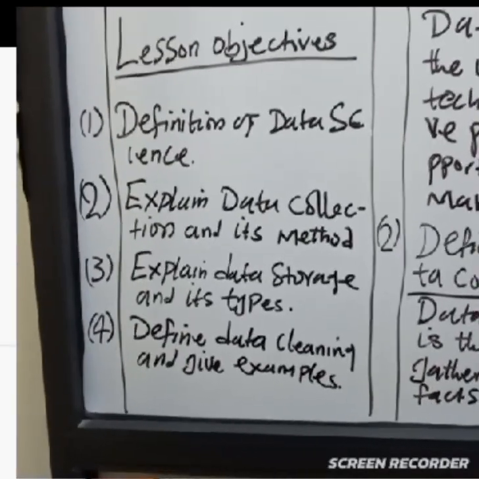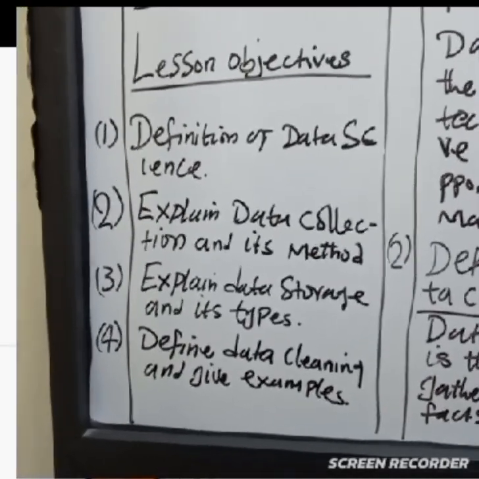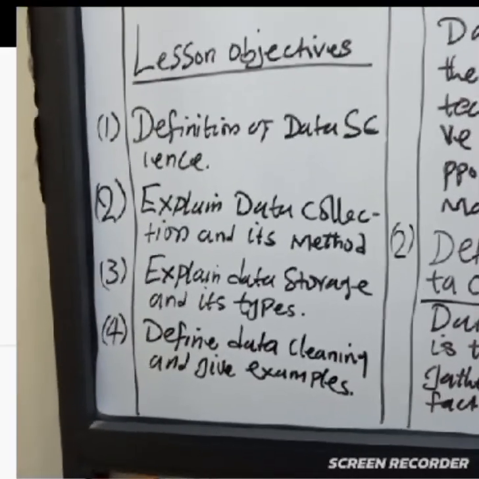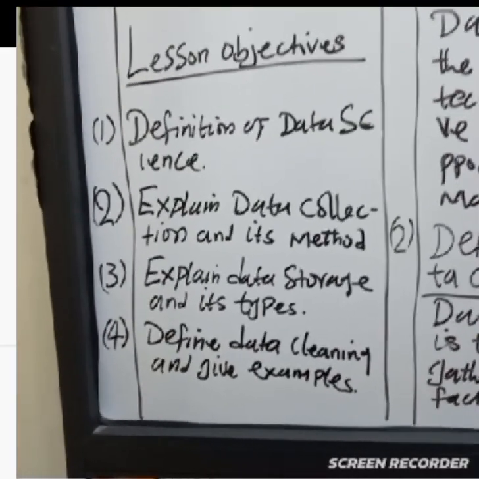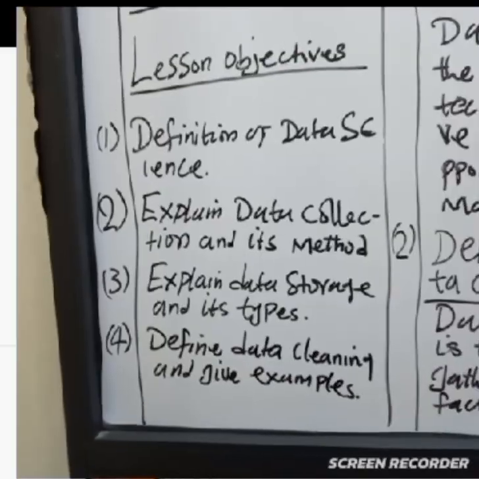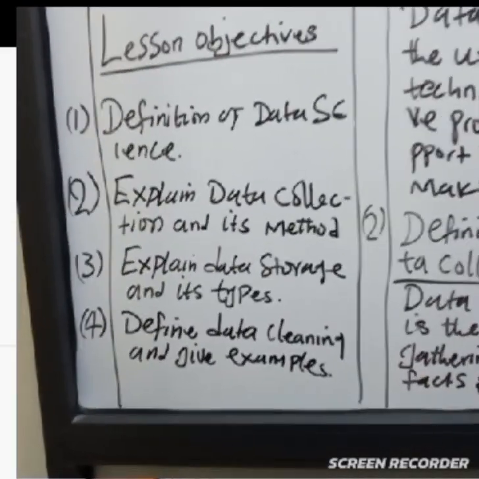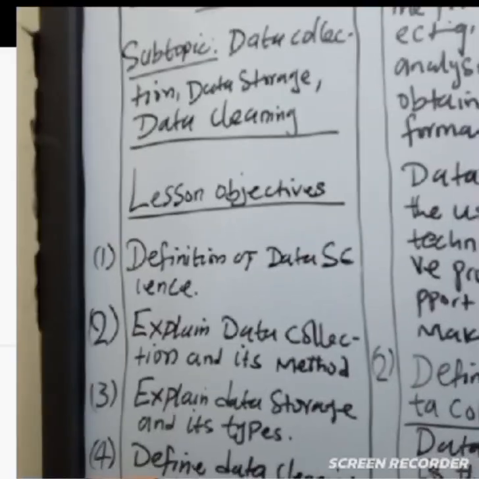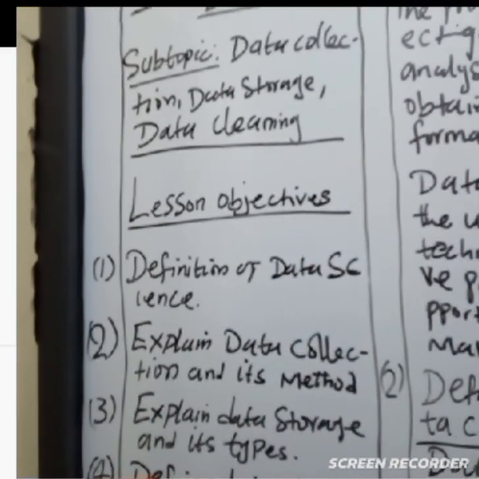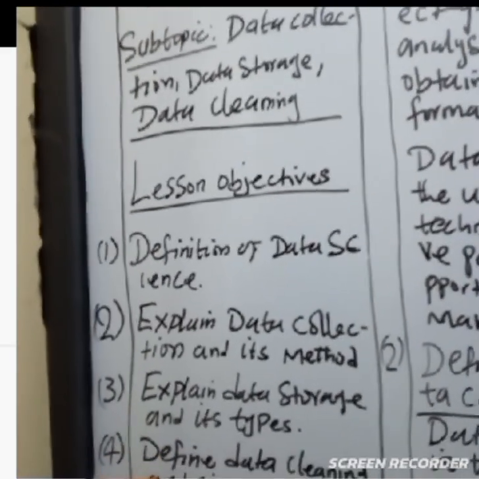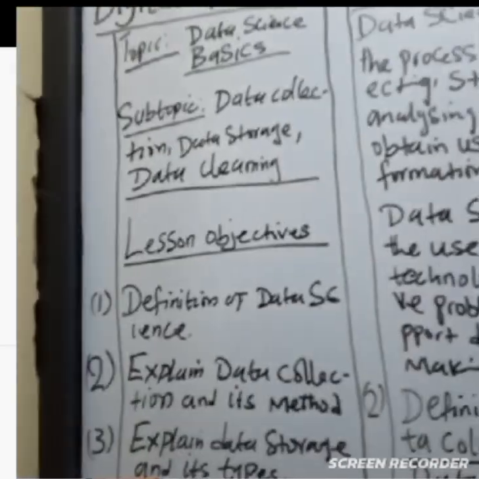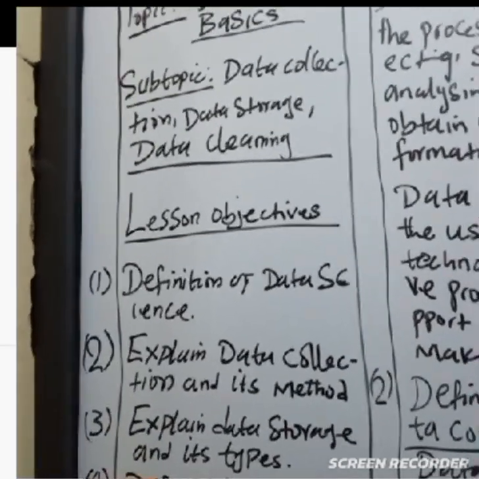As you all know, the objective tells you what you are expected to know by the end of today's lesson. Now, every organization depends on data to make decisions, including your school.